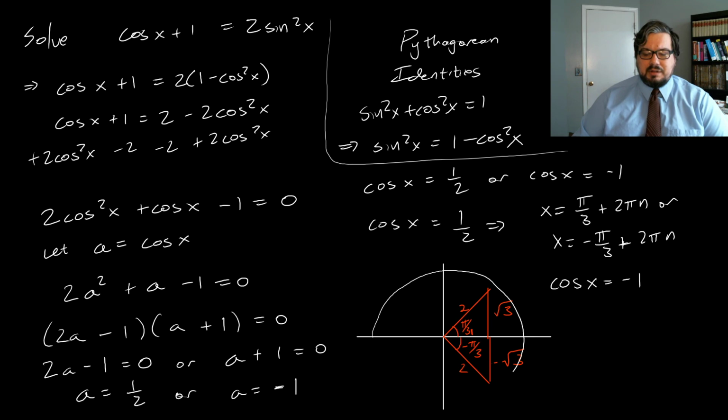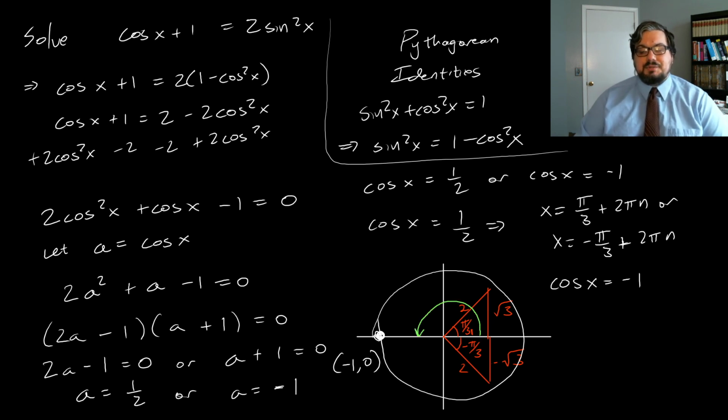And so if I sketch a unit circle here, I know that a cosine value of -1 occurs over here on the negative x-axis, because that's where the x value of the point on the circle is -1, and that has an angle of pi.